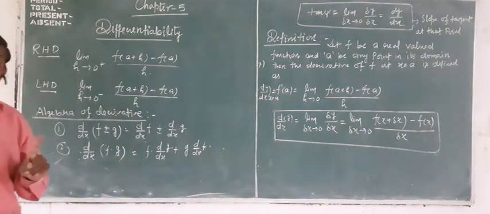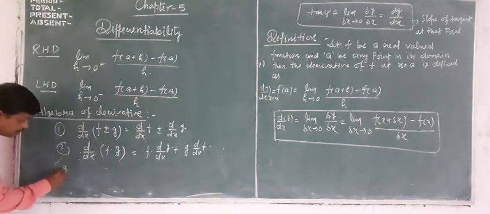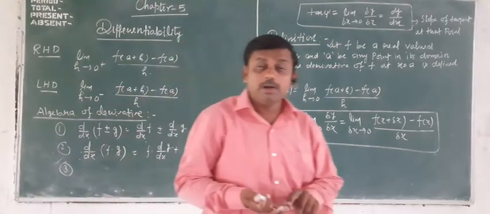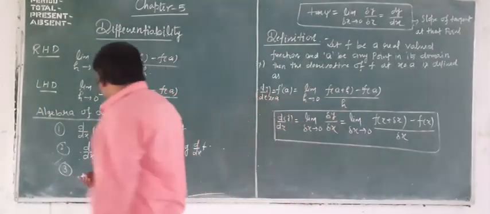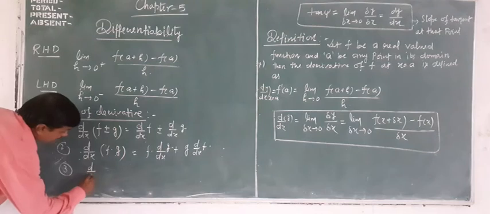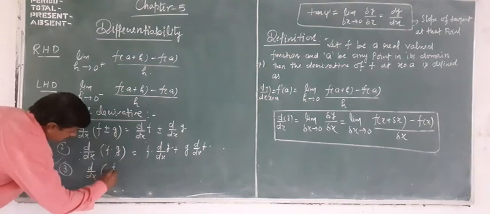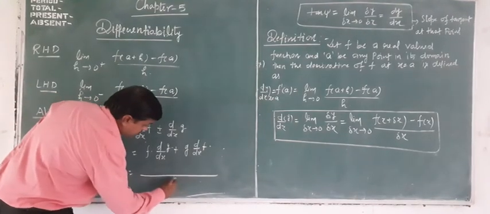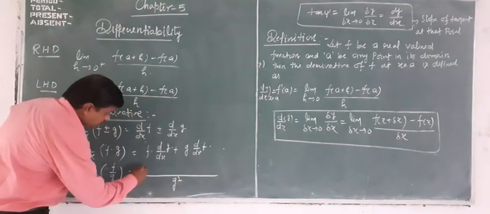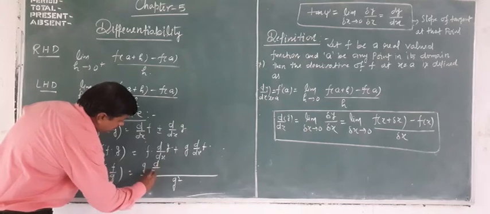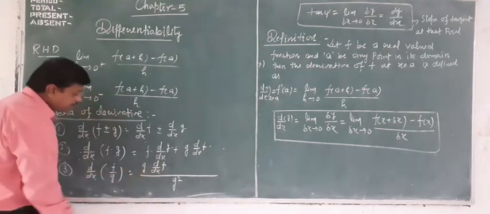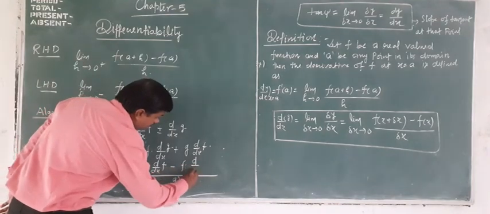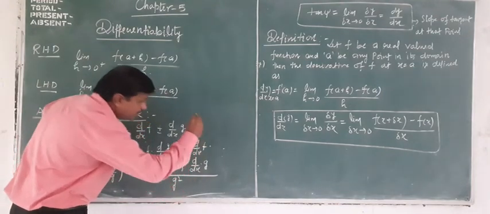One more condition is division, because we know that in algebra there are plus, minus, multiplication and division. So the derivative of f(x) by g(x), or f by g, is given by g square, meaning denominator square, in the denominator, and in the numerator denominator into derivative of numerator, minus numerator into derivative of denominator.